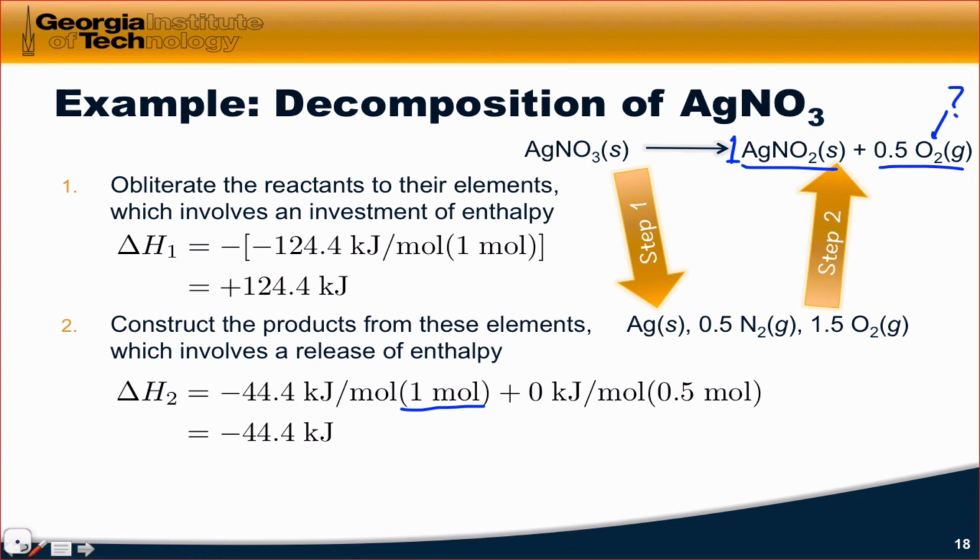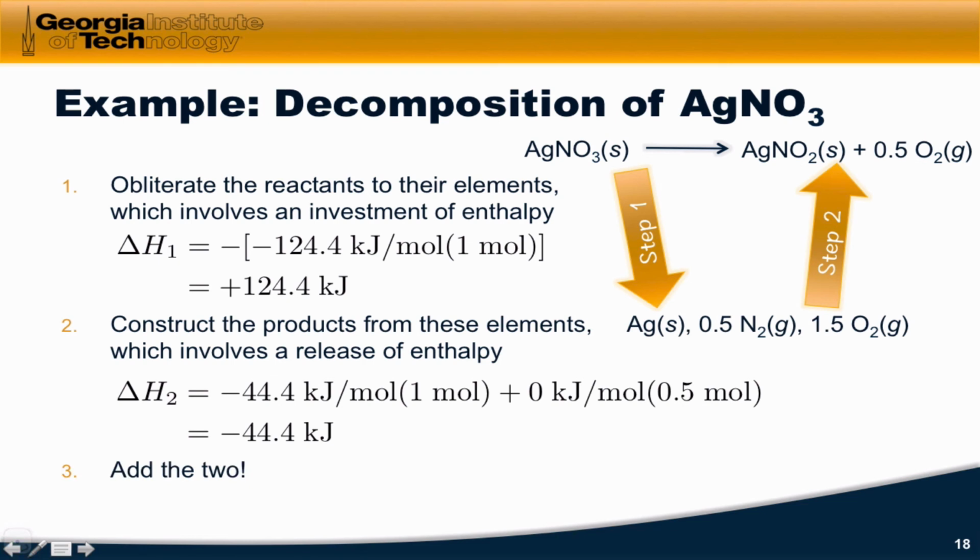Well, it's the elemental form of oxygen, and so its heat of formation is simply 0 kilojoules per mole. I'm being very systematic and very careful here, though, and still multiplying by the stoichiometric coefficient on O2. Even though I know I'm going to get 0, I still want to respect the stoichiometry and just be careful. So, delta H2 for step 2, the process of producing the compounds from their elements, is negative 44.4 kilojoules.